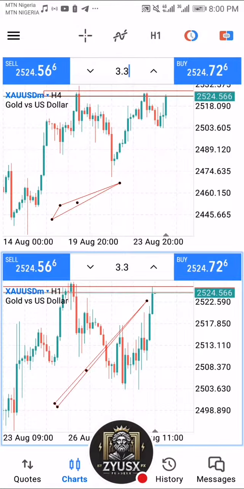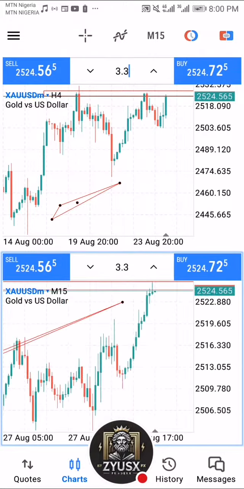And there you have it. The candle close. The new candle is opening. Let me scale down and see what's really happening there. So this is what I expected.